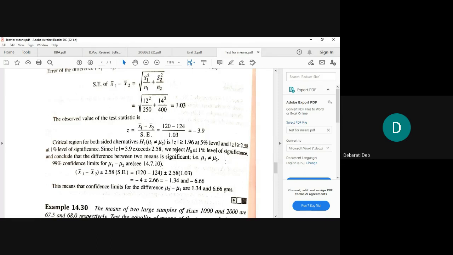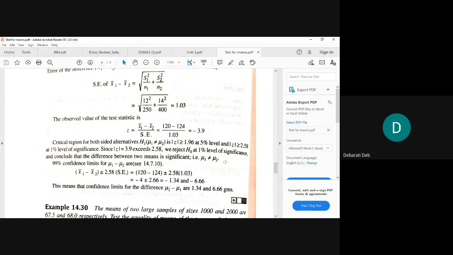And conclude that the difference between two means is significant. Significant means there is difference. The assumption that there is no difference is incorrect.